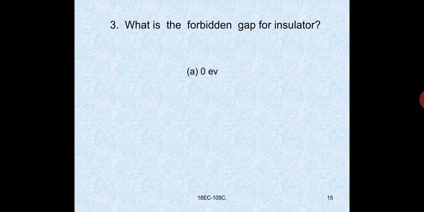What is the forbidden gap for an insulator? It is 0 volts, 20 electron volts, 1.1 electron volts, or 6 electron volts. So the forbidden gap for the insulator is 6 electron volts.